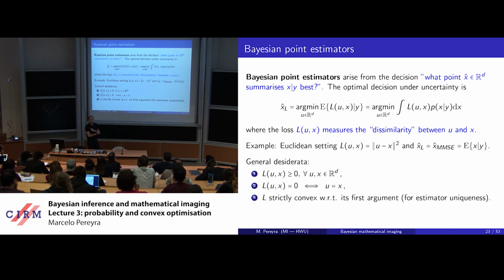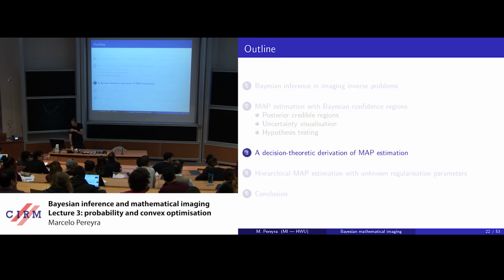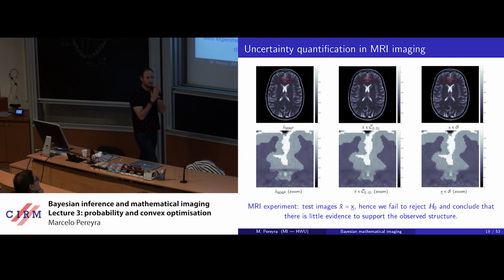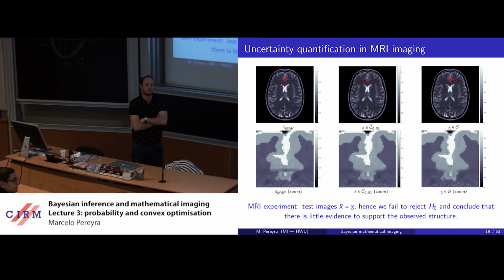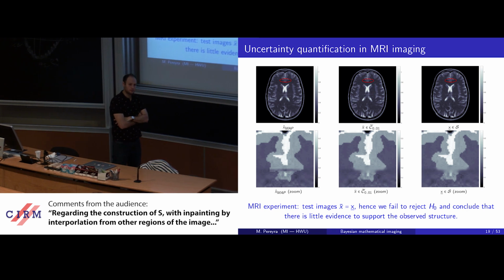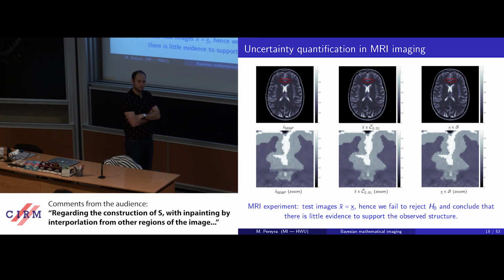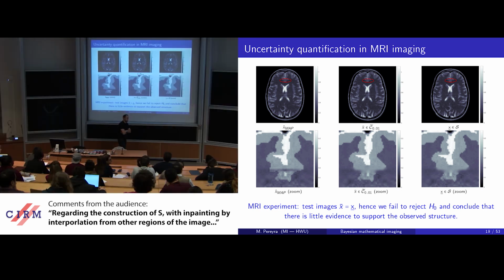Do you have any other questions about this part on uncertainty quantification? Yeah? Can you come back to slide 19? It's regarding the construction of S. So you say you're authorized to do inpainting or linear interpolation of any of the pixels from, let's say, your region of interest.